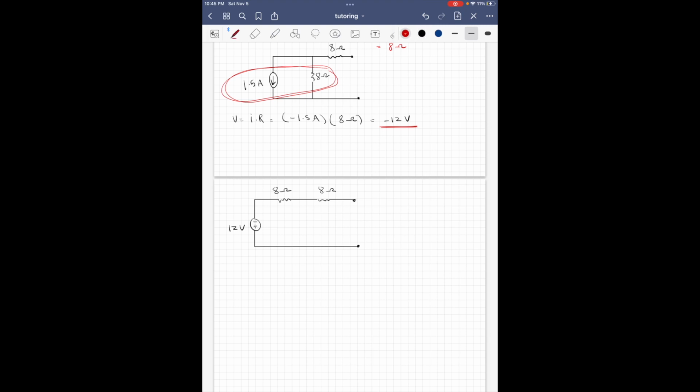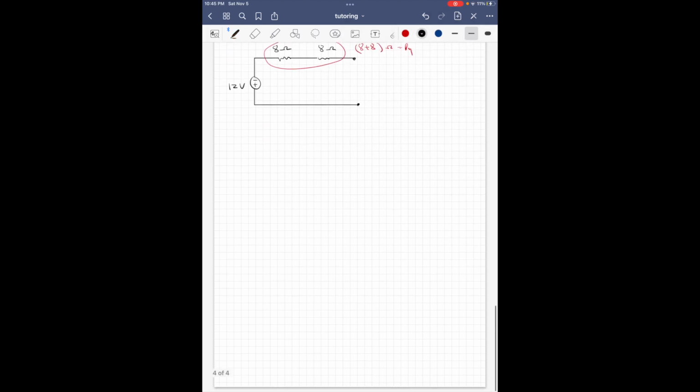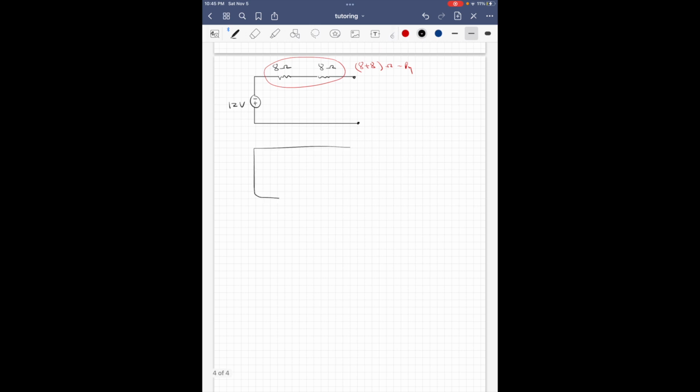Now we can simplify this even further. These two are in series, so it's going to be 8 plus 8 ohms. And I'm going to redraw the circuit one last time. Voltage source of 12 volts, and here we have 16 ohms.